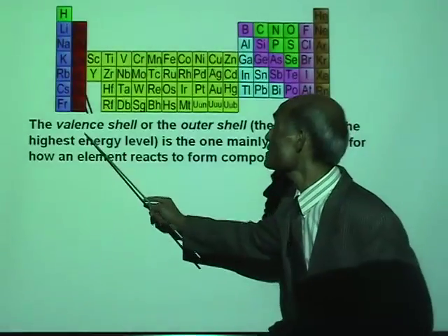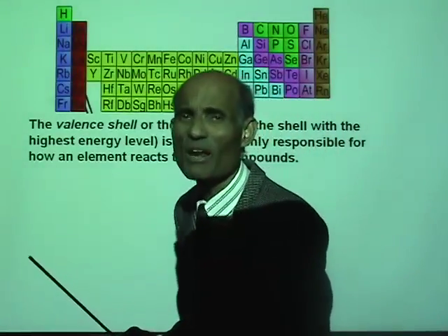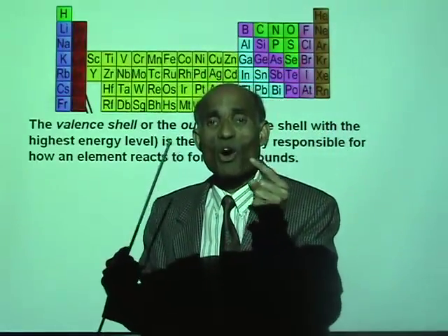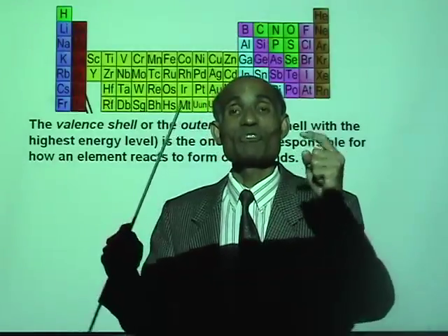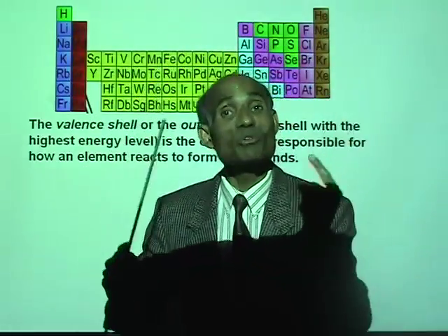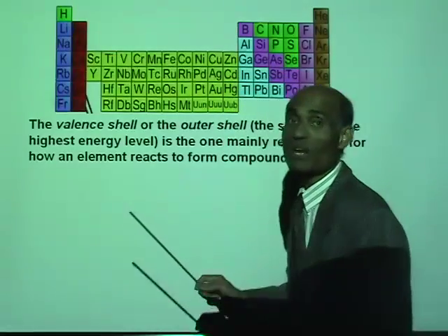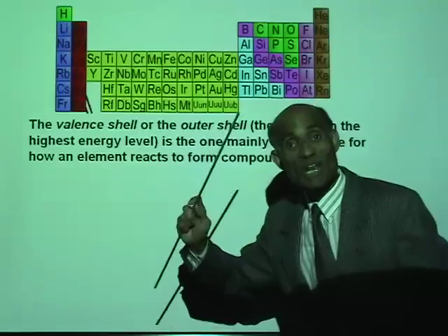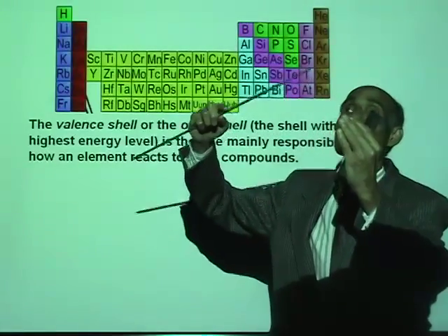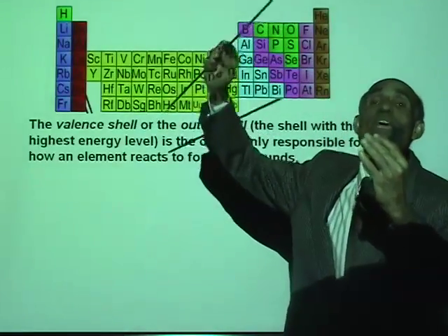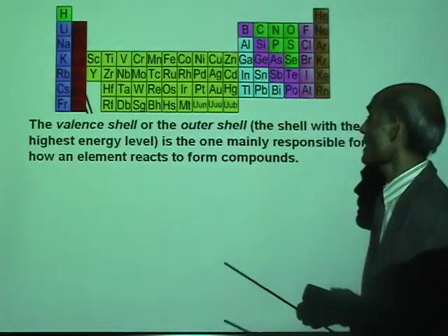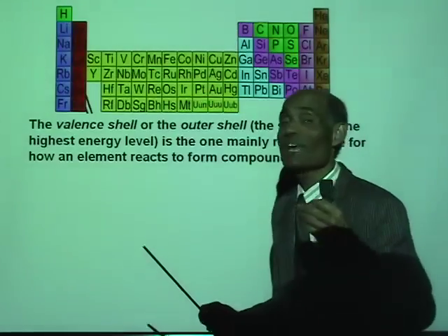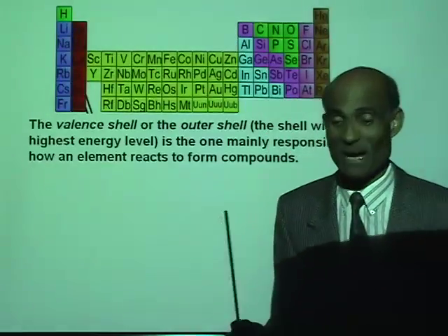Alright, the valence shell. What is the valence shell? You see, the number of electrons in the outer orbits are called valence electrons. And so the valence shell is the outer shell. The valence shell or the outer shell, the shell with the highest energy level, is that right? As you go higher, outer and outer, the energy becomes higher and higher. It is the one mainly responsible for how an element reacts with compounds.